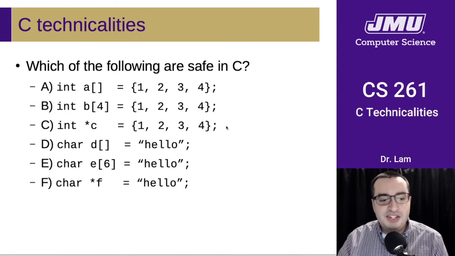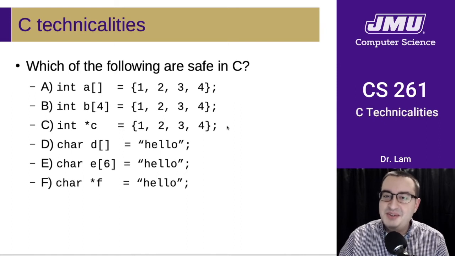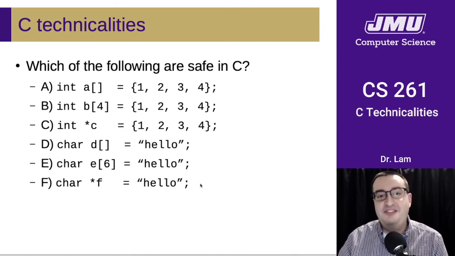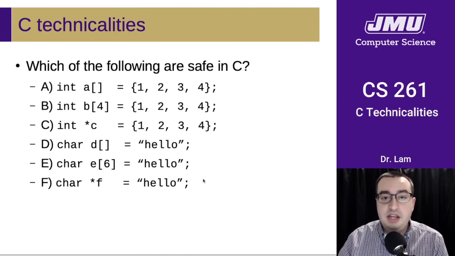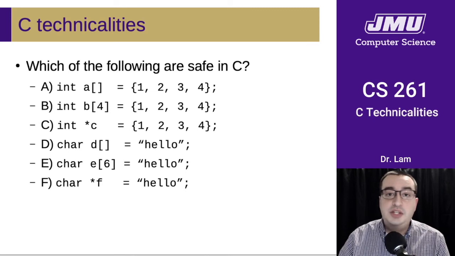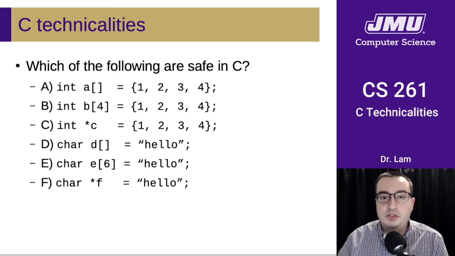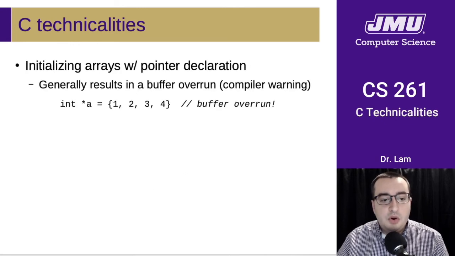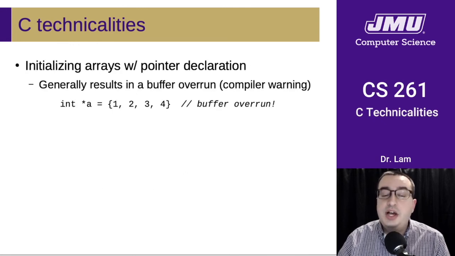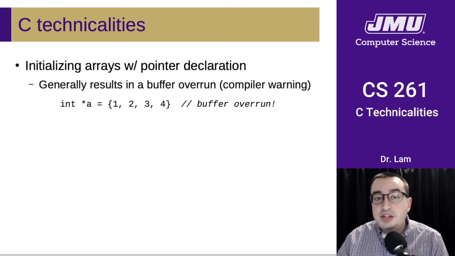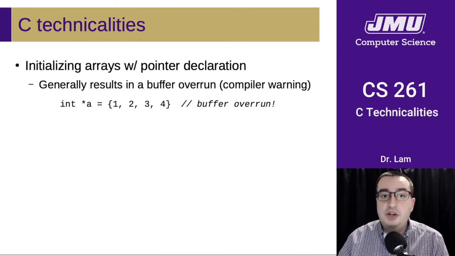So with that knowledge, one might also be tempted to conclude that F is also unsafe because it's doing the exact same thing, except that it's doing it with a string rather than an integer array. Part of the reason that I wanted to talk about this here is that the behavior here is actually different. F is actually safe here as well, and it's somewhat confusing that that's the case in C. So in general, initializing a pointer declaration using an array is going to give you a buffer overrun, and it's something you definitely shouldn't do.